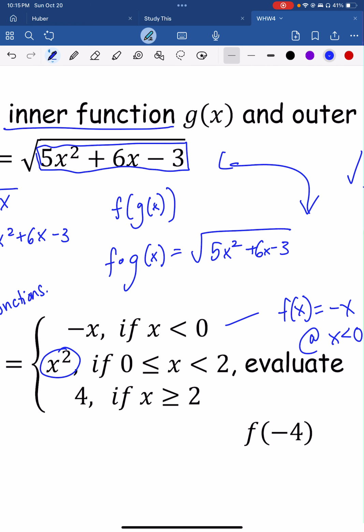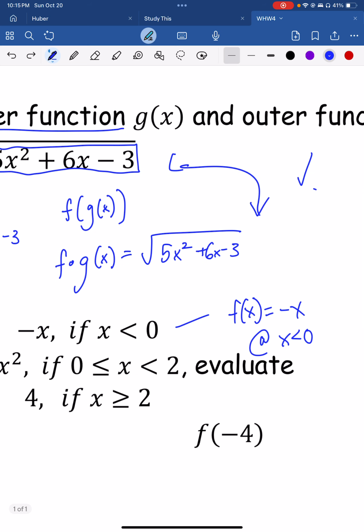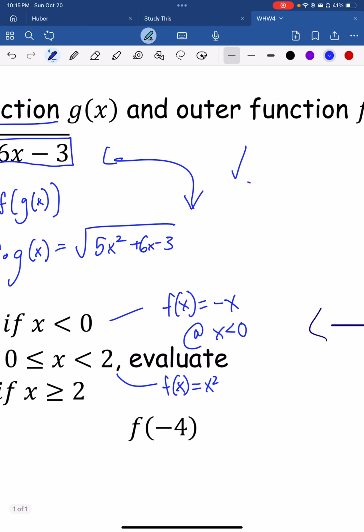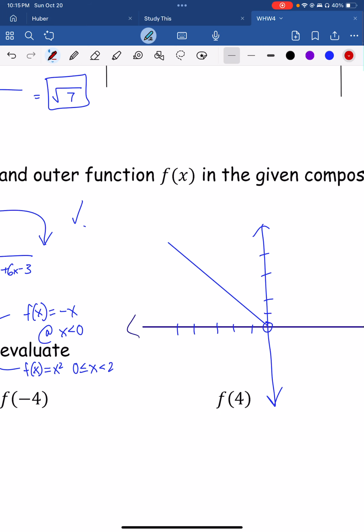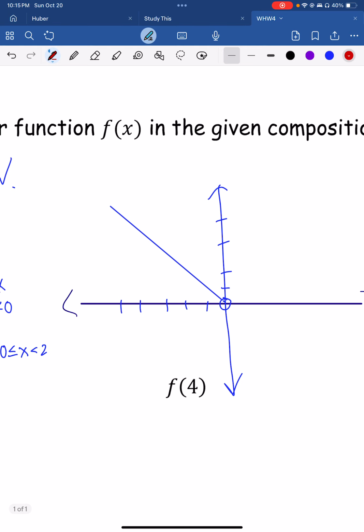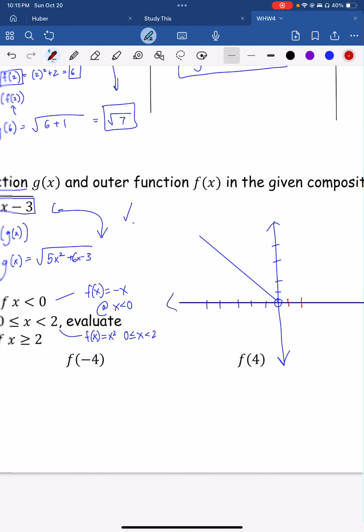Now it's asking for f of x equals x squared when x is greater than or equal to 0 and less than 2. So I'm just going to graph it in a different color. I'm starting from 0 to 2, and I graph x squared.